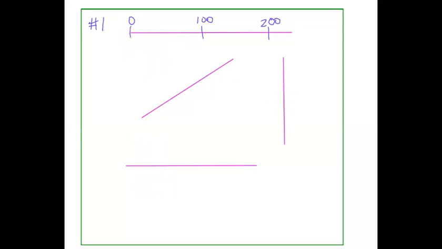Maybe we only wanted to look at this little piece right here, which would be about 0 to 50. So this is a line segment. The reason it's a line segment is because it has a beginning and an end. At the end of each line segment, there is what we call a point. A point shows the beginning and the end of a line segment.